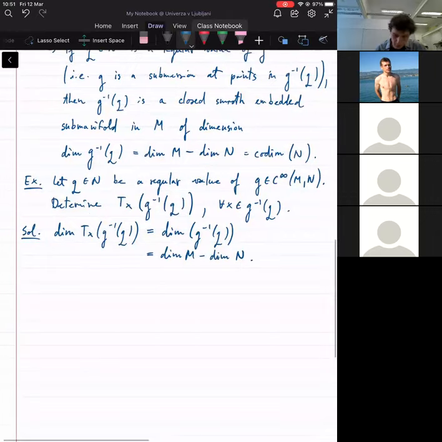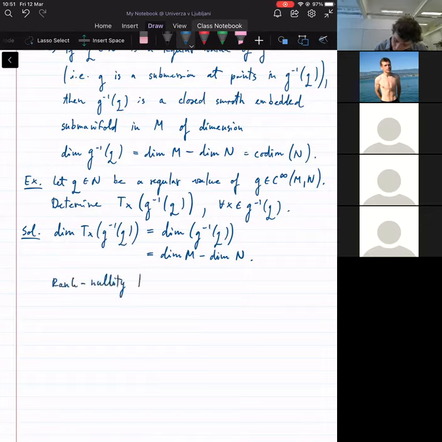Now we utilize a linear algebraic fact, the rank-nullity theorem. This is really important from linear algebra. And what does it say?